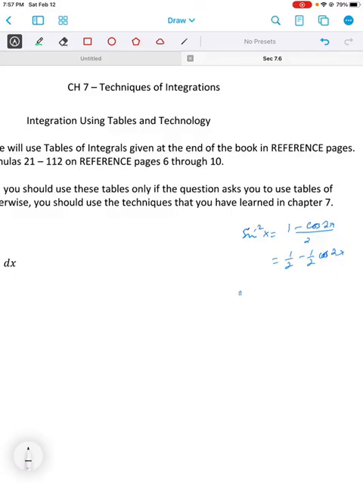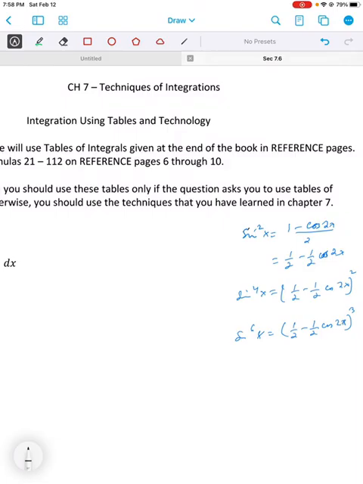But if you have to do sine to the 4th of x, then you can write it as 1/2 minus 1/2 cosine of 2x, whole squared, which is still manageable. But when it goes to sine to the 6th of x, then this quantity is raised to the power 3, and that becomes too much.